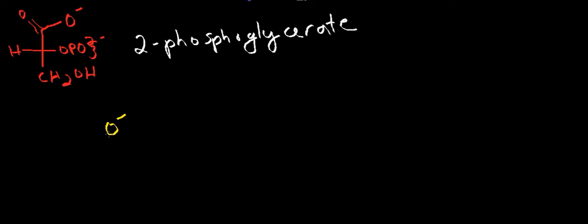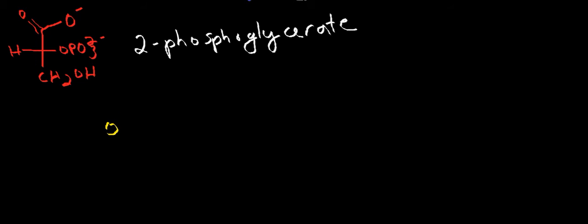Phosphoenol pyruvate. OPO3 2 minus, H. And here we have, oh, I drew that wrong. Let's back up. So we actually have, this is phosphoenol pyruvate.